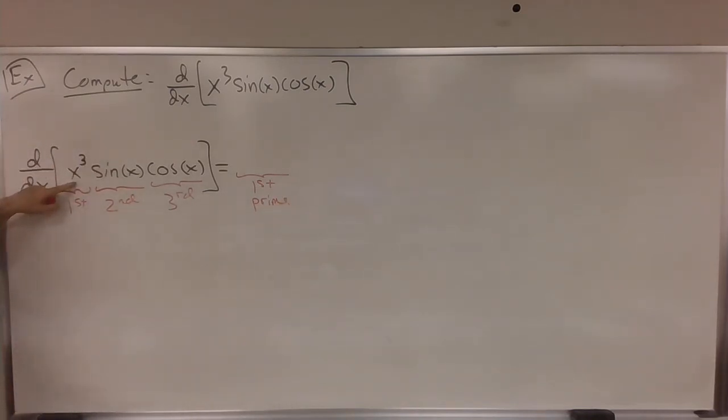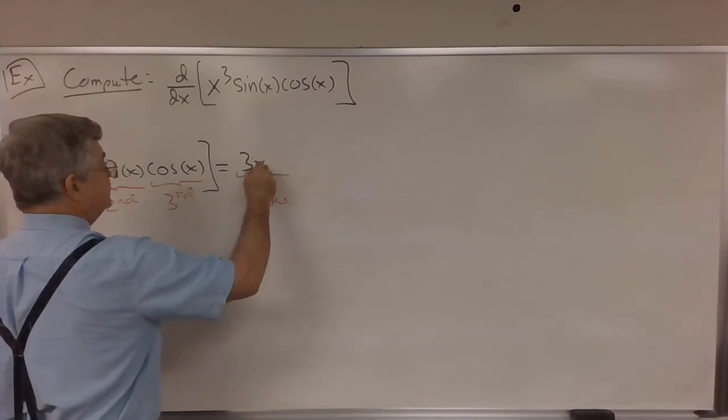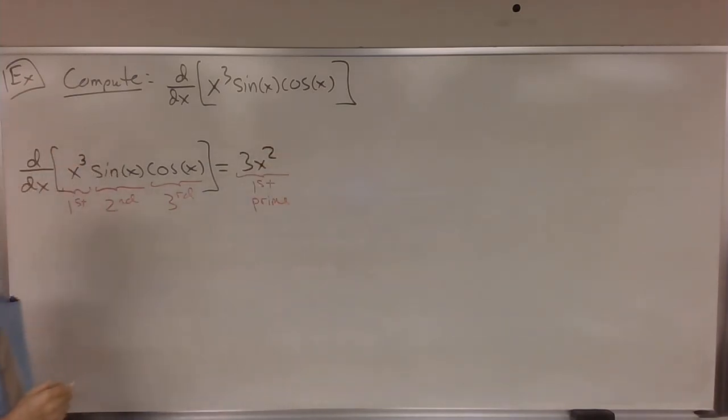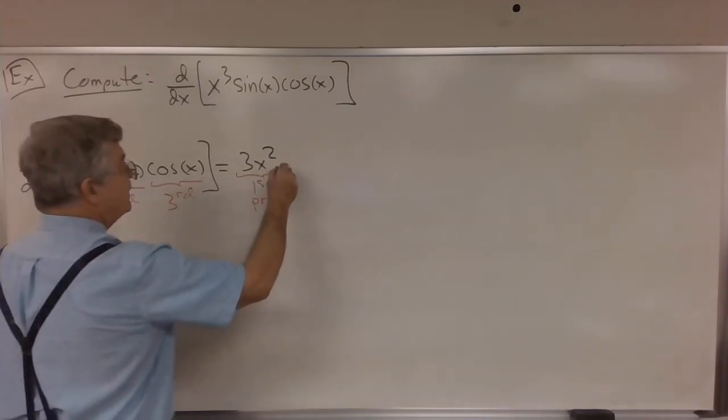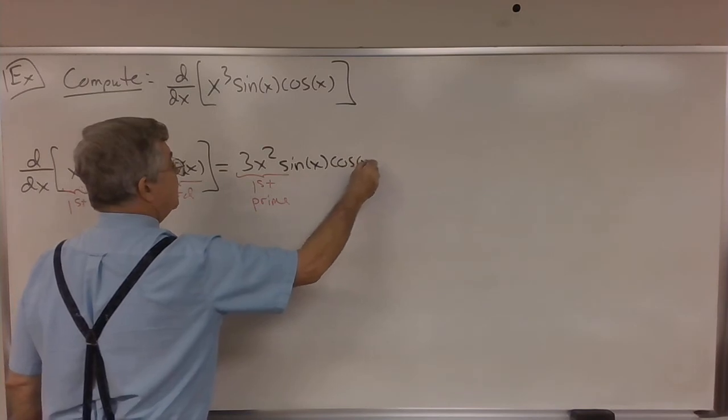So here's the first function. First prime using the power rule. Bring the exponent down front. Subtract 1 from the exponent. So that's 3x squared. First prime times everything else. Sine of x, cosine of x.